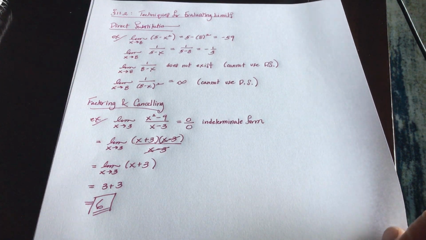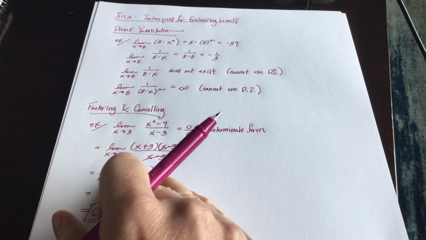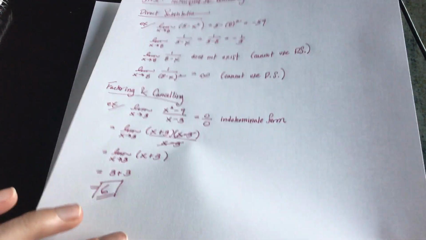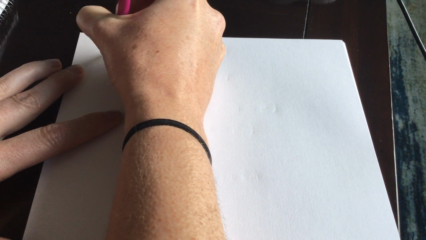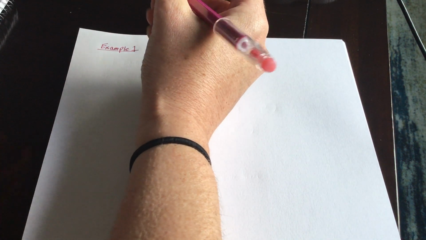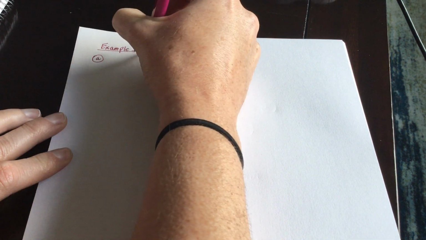Okay, before we move on to more techniques, let's do an example that should help you really understand what just happened here. So let's do example 1. For example 1, let's do part A. Actually, the directions are for you to graph.